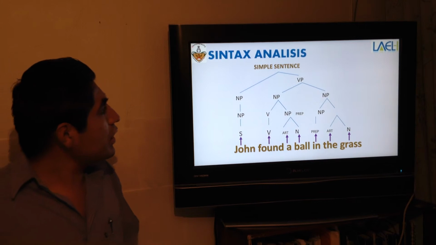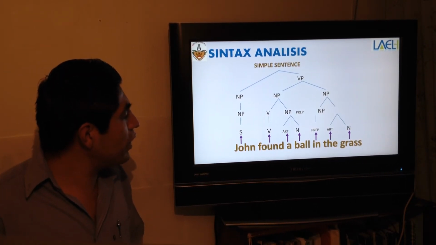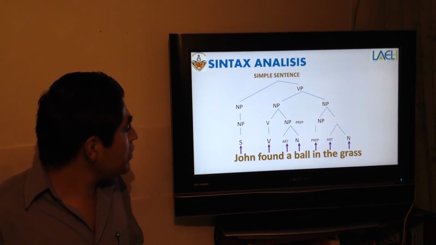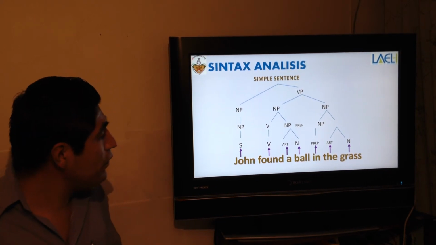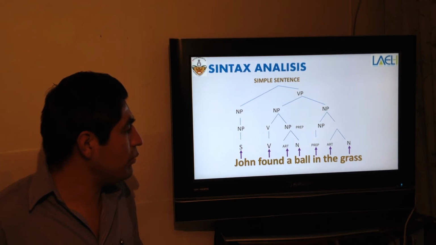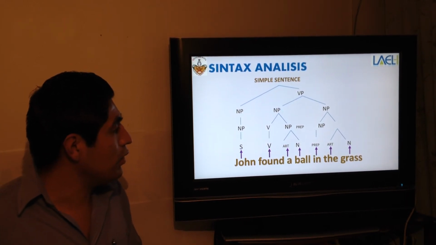Well, syntax analysis. I have a sentence. The sentence is: John found a ball in the grass. In this sentence, John is the subject, found is the verb, a the article, ball a noun, in a preposition, the article, and grass is the noun.